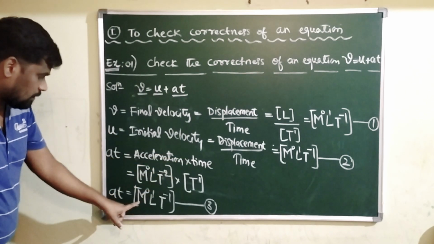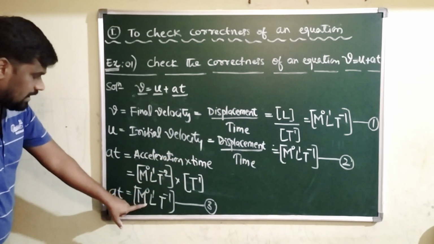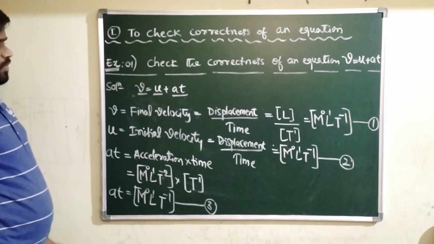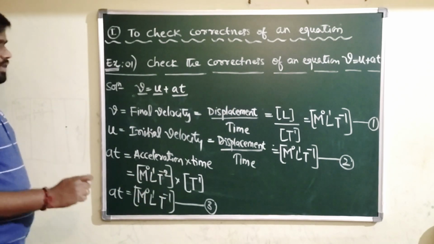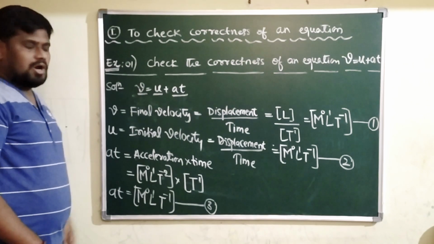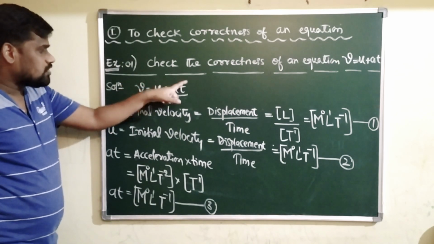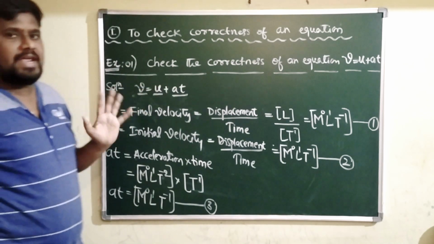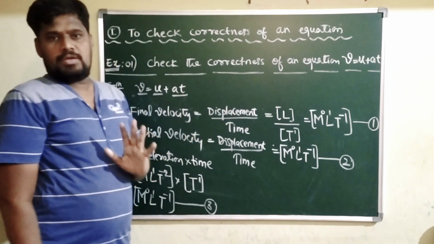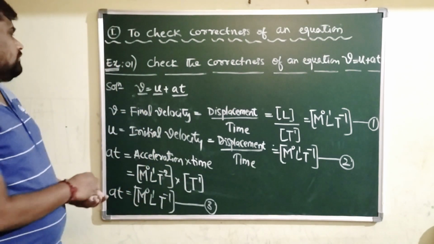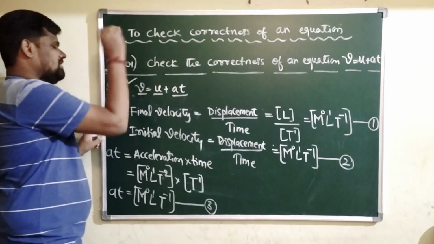What is the dimensional formula? Once again, M⁰ L¹ T⁻¹. What is the conclusion? All the terms in this equation have the same dimensional formula. Therefore, this equation is correct.